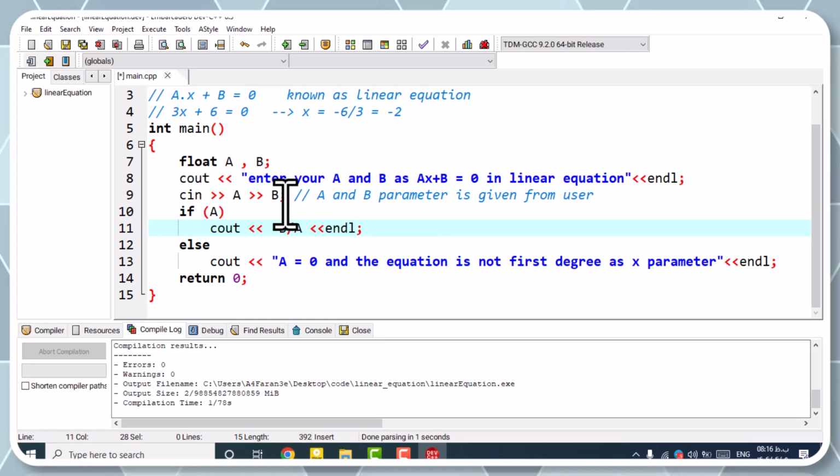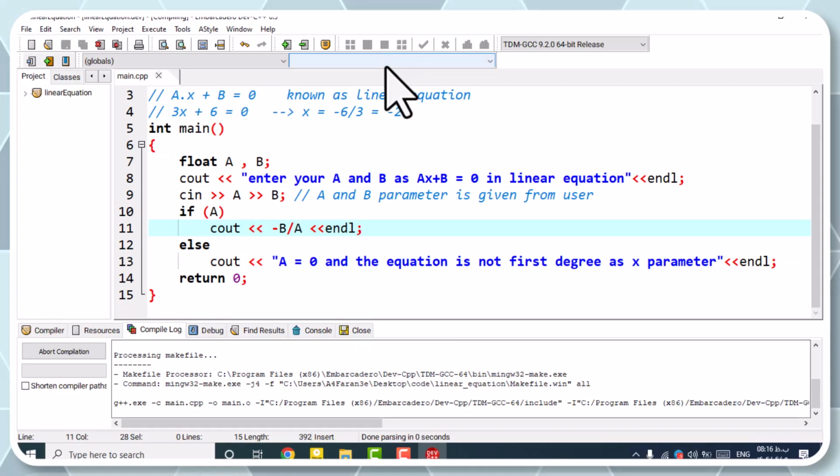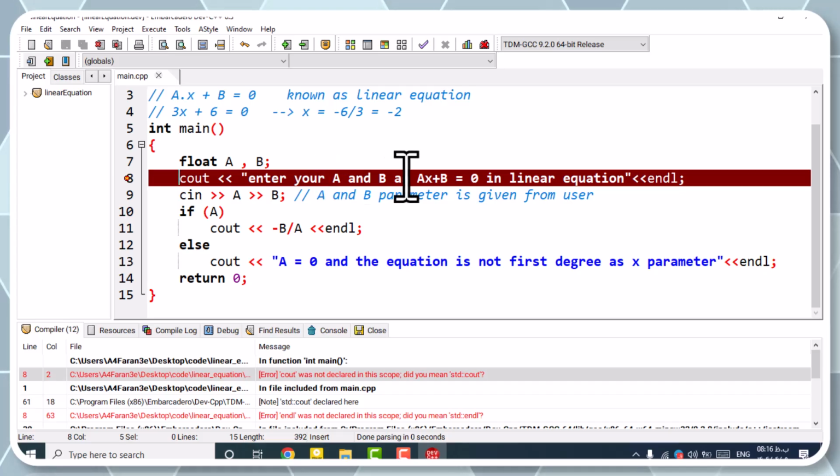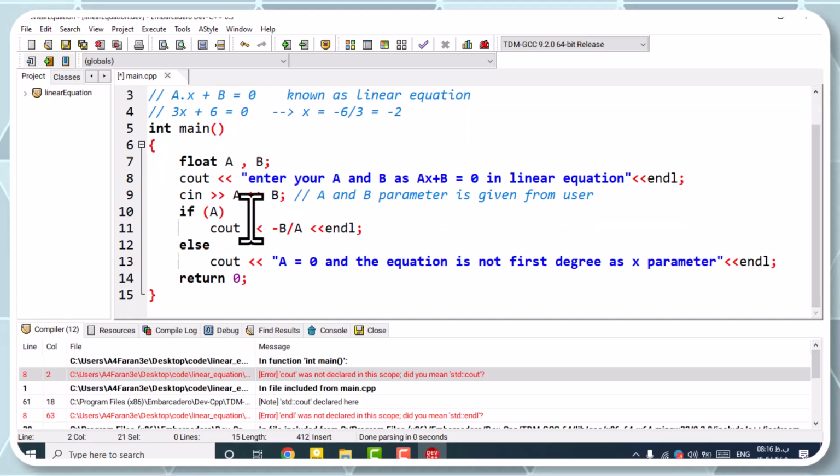Okay, let's try this code and see how our program performs here. Okay, we have an error here. So first of all, we should use this command here, using namespace std, to perform this cout and cin here.